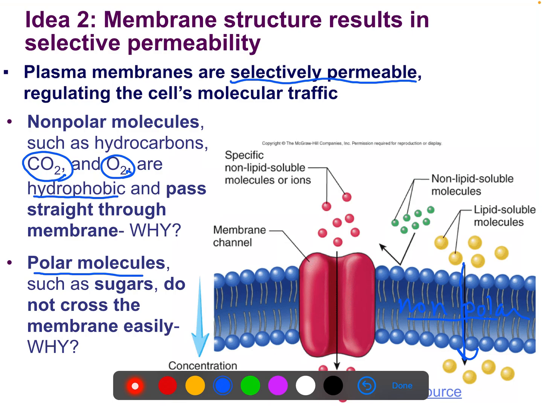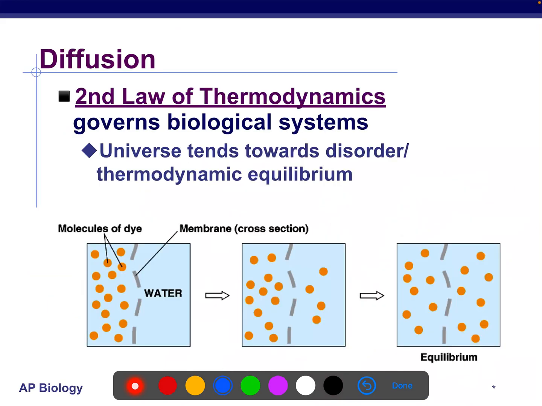Those polar molecules, even if they're small, might get to a certain point and then hit this nonpolar area, and they're not going to like that and they're going to bounce back off. And so polar molecules are going to need proteins, specifically transmembrane proteins, to allow them in and out of the cell.